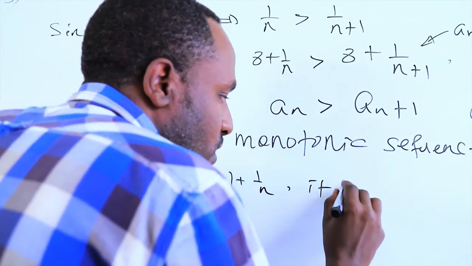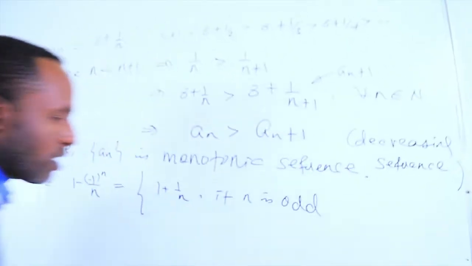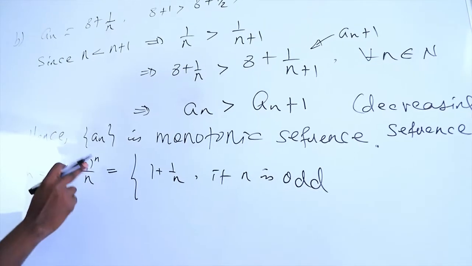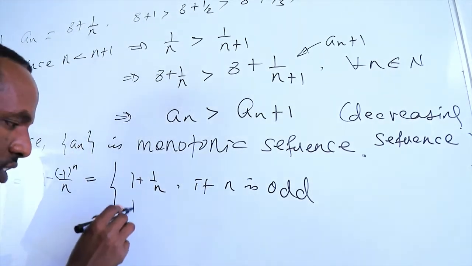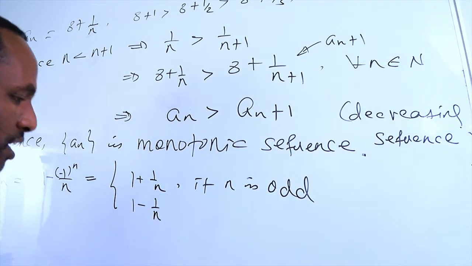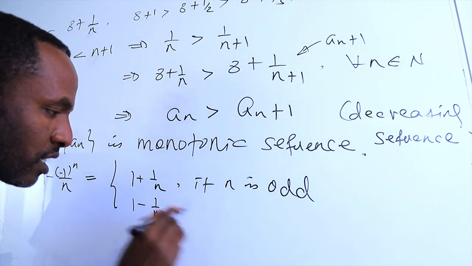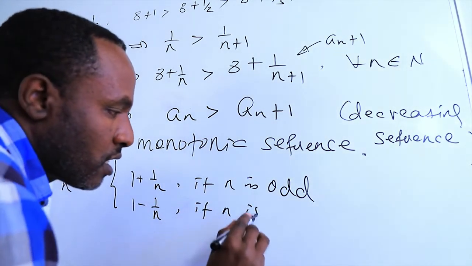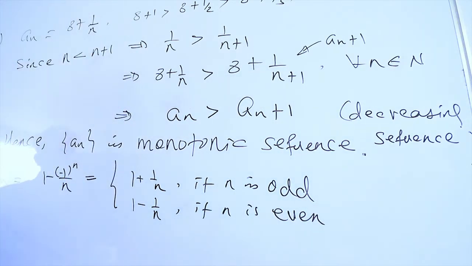If n is even, for example 2, 4, 6, 8, the sequence is 1 minus 1 over n.